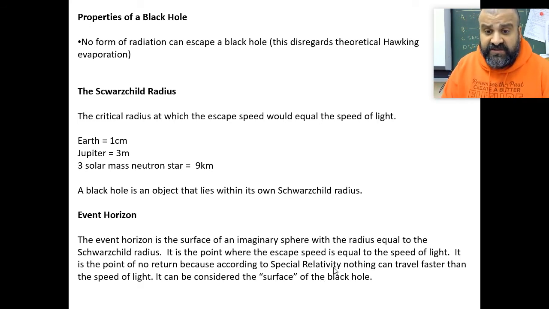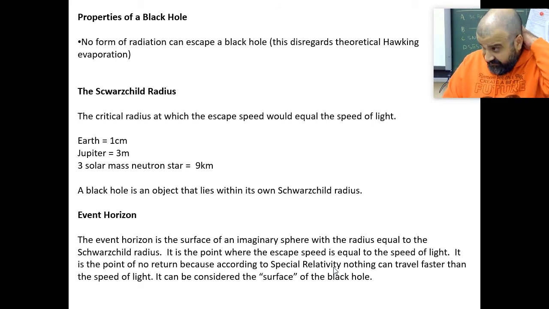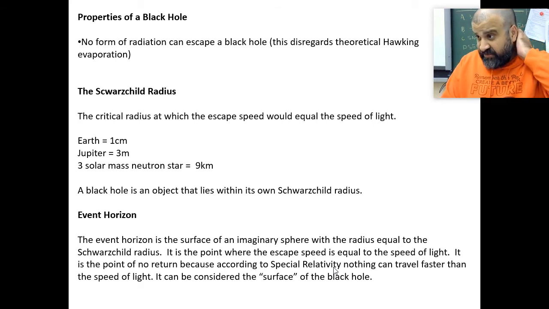Nothing goes faster than the speed of light, and we can consider that to be the surface of the black hole. Once you pass the event horizon, there's absolutely no possible way you can come back. Just before the event horizon, as long as you can travel at the speed of light, you can escape. But once you reach the event horizon, there is no escape.